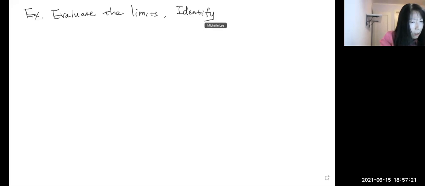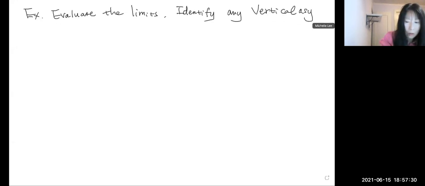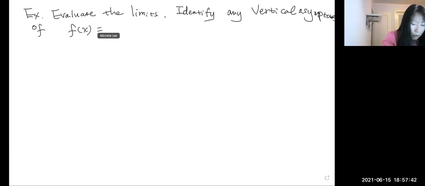Identify any vertical asymptote. Okay, so the function.